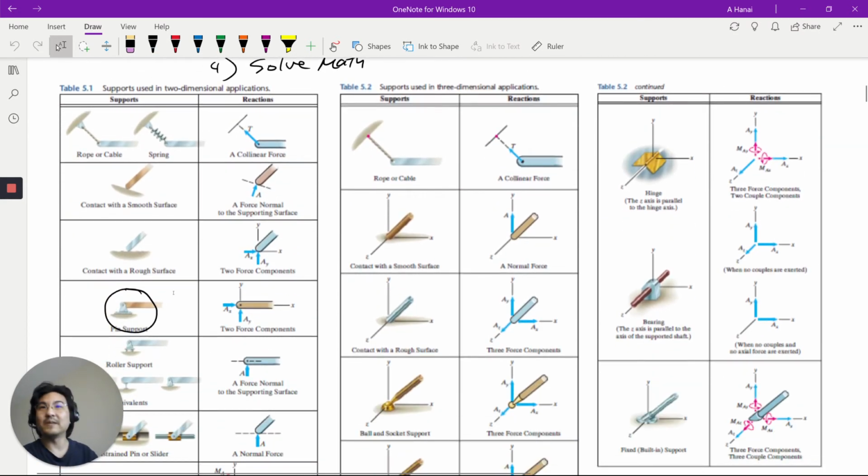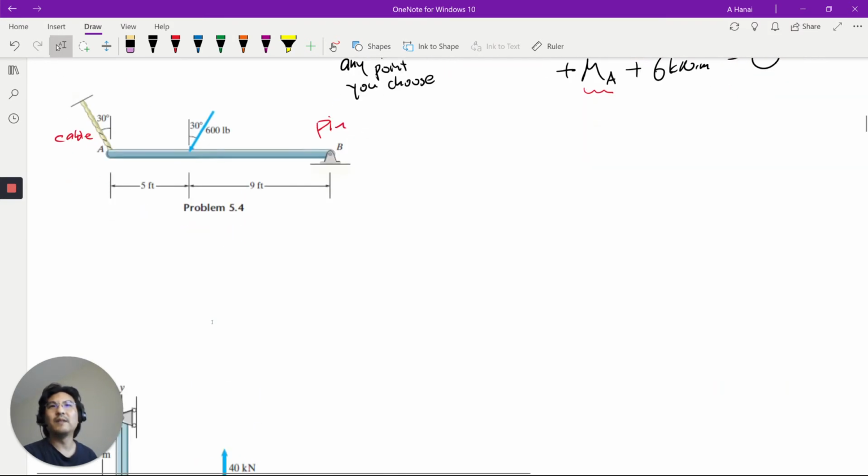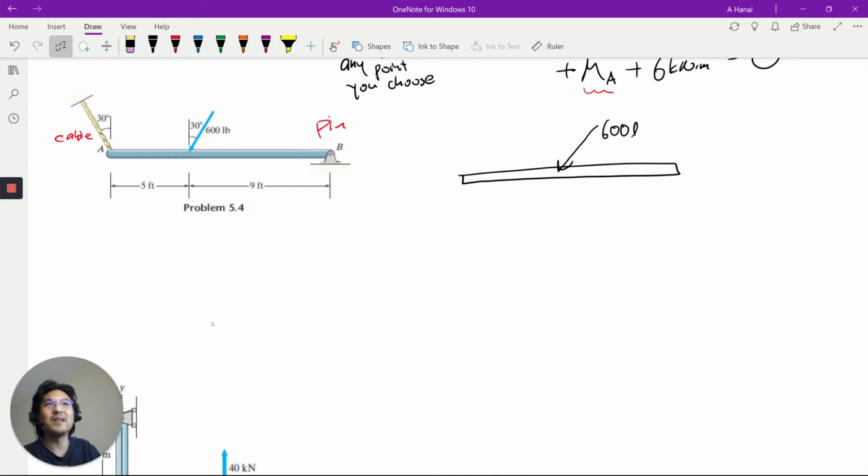Okay, so here's our free body diagram. There's this one load, 600 pounds, and then everything else, I'm going to pick coordinates, I'll just go X and Y like this.